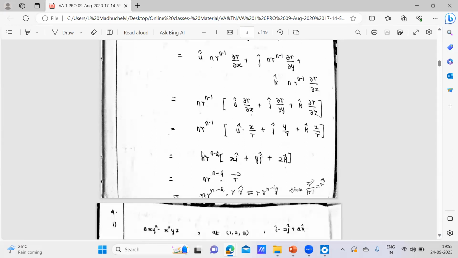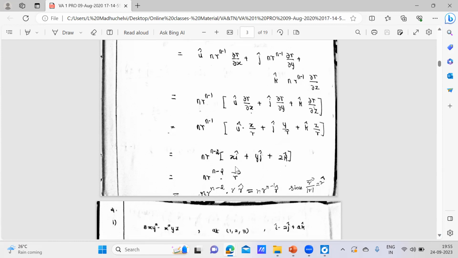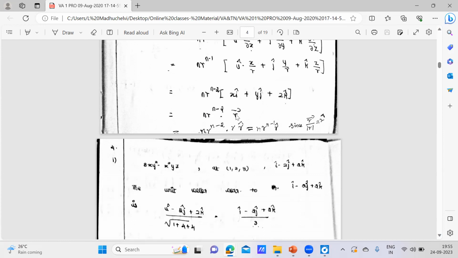That is n into r power n minus 1 I dou r by dou x is x by r plus j dou r by dou y is y by r plus k dou r by dou z is z by r. That is equal to n into r power n minus 2 xi plus yj plus zk, that is r vector. So n into r power n minus 2 into r vector, that is one thing.